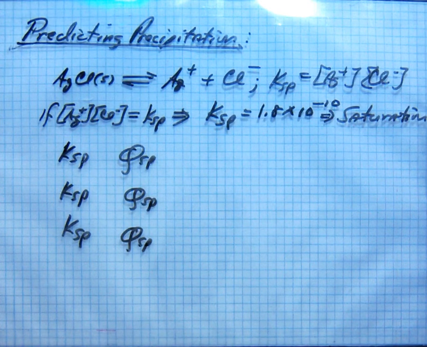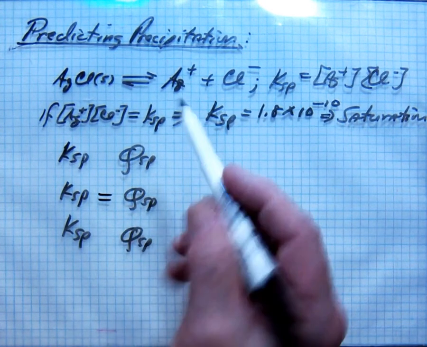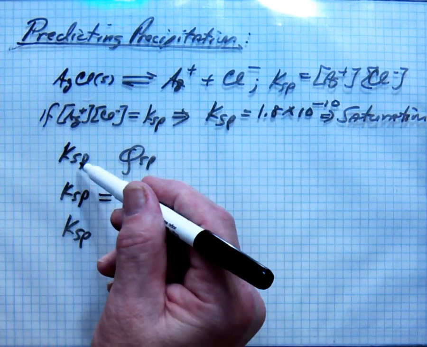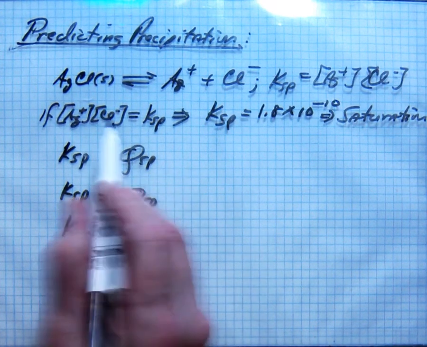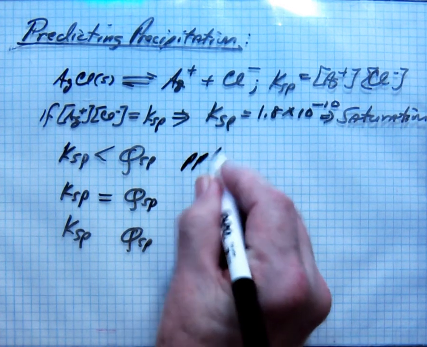In the gas phase, you could just put in inequalities anywhere, because it didn't matter. It would either shift right or shift left. But you've got to be real careful. Like if you set this one up, if the QSP is larger than KSP, you want to be sure that your inequality points to the solid side. So you want a left shift, meaning that the ions are coming together and precipitating out of solution.